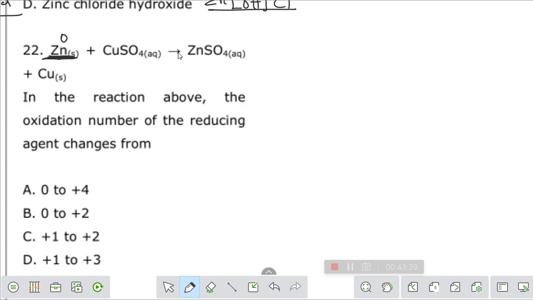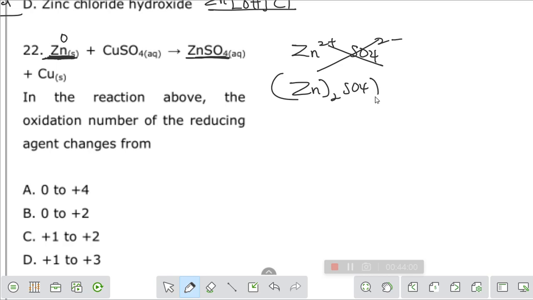But look at this. When it gets to this side, the oxidation number of zinc is actually +2. If you're asking how it became +2, it's because this zinc is 2+, right? And this SO4 2- is 2 minus. When these 2 and 2 come to this side, they cancel each other, right?